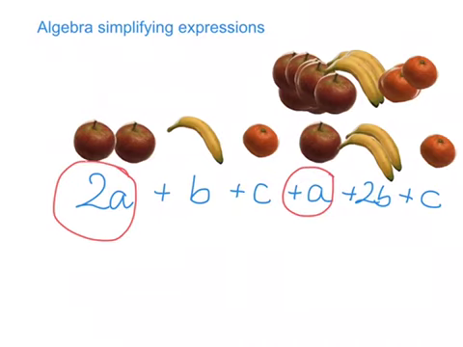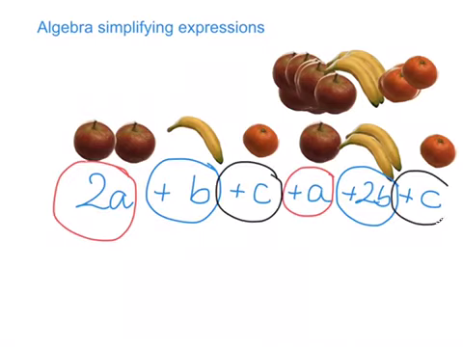I've also got a plus B representing the cost of 1 banana, and a plus 2B representing the cost of those 2 bananas, and I've got a plus C here and a plus C there representing the cost of the clementines. So the things that are the same, the apples are all the same as each other, the clementines are all the same as each other, the bananas are all the same as each other, so I can collect those up together. And you'll notice that as I've collected them up, I've included the sign as well. That sign is joined to that term.